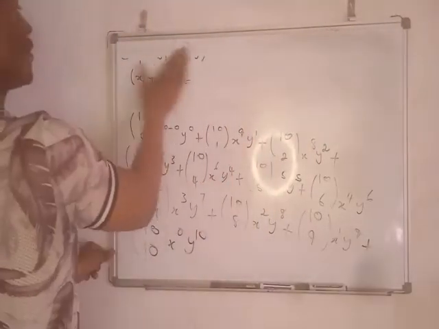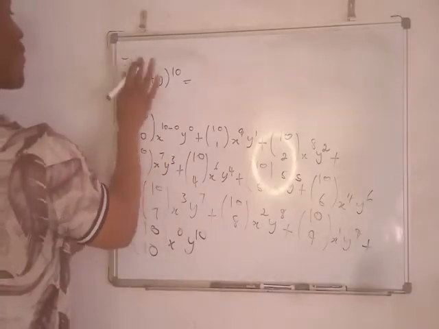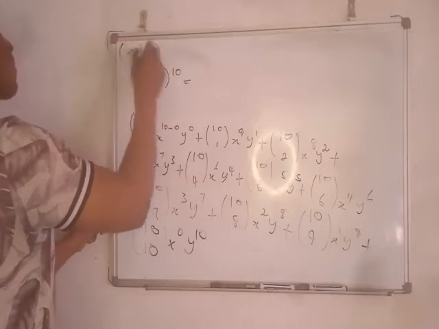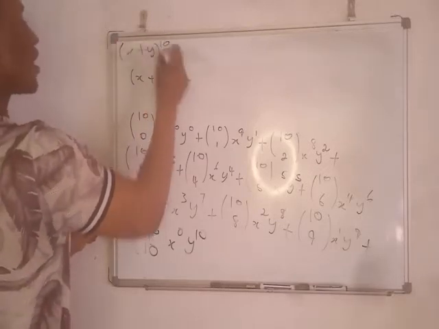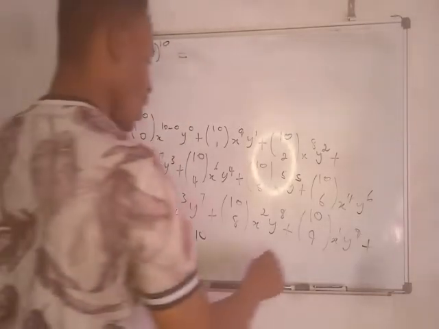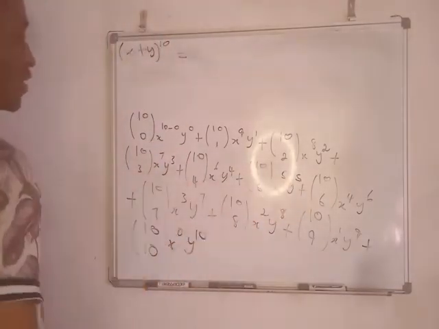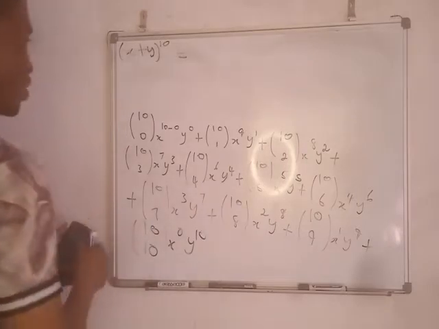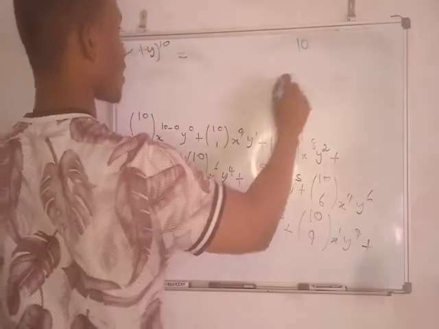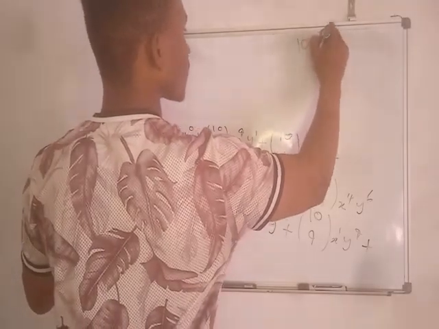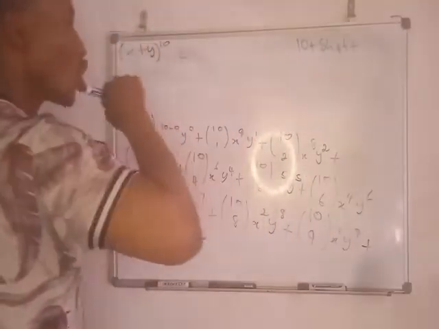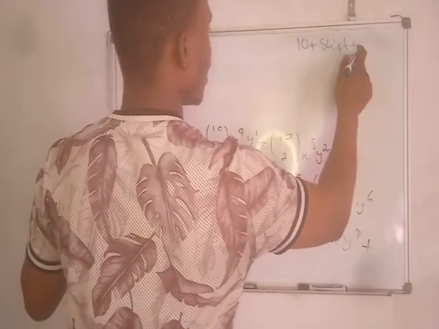So I can say (x + y) to the power 10 equals this thing. This thing I'm going to leave it. So you are going to press 10 and you press shift and then you press division.